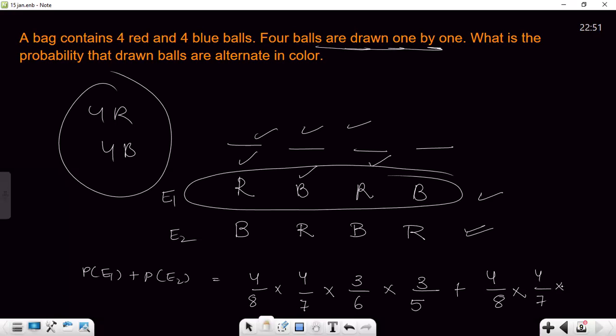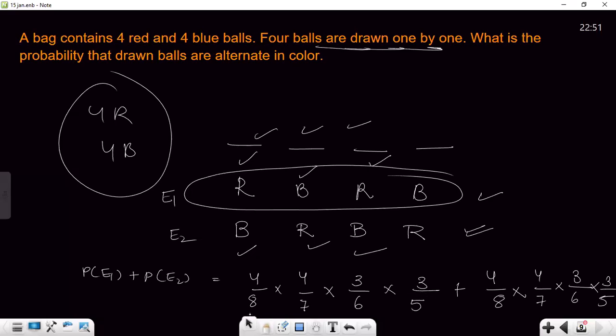We have already withdrawn one blue ball earlier, so there are 3 blue balls remaining. And total, after the withdrawal of 2 balls from 8, 6 are remaining. Similarly, for red, already one red is drawn, so 3 are remaining. After withdrawing 3 balls out of 8, 5 balls are remaining. So this is how the answer will be calculated.